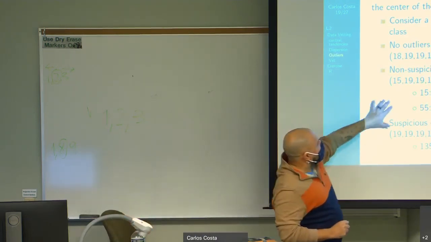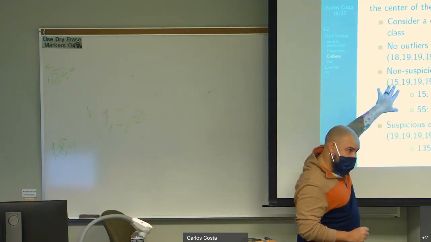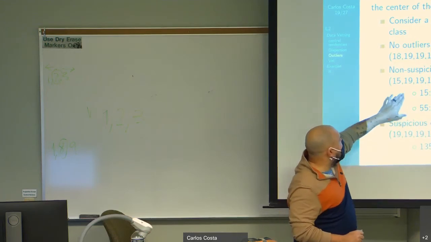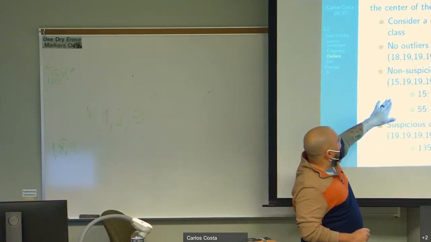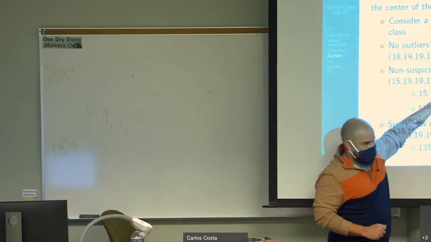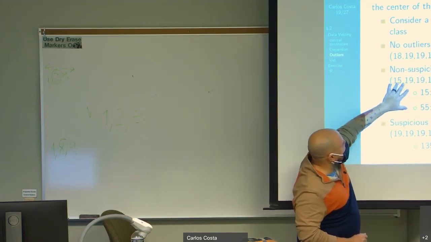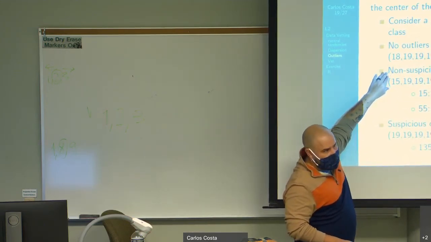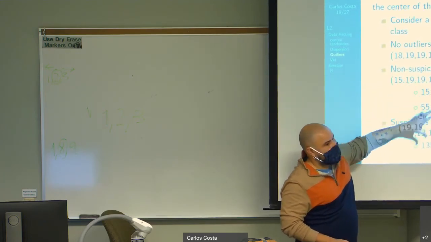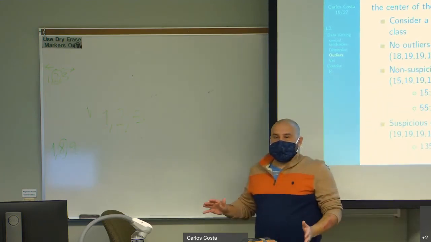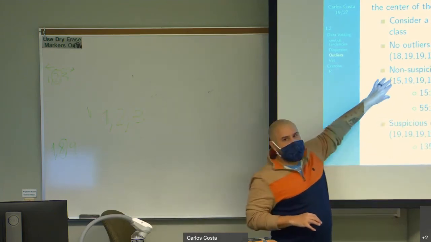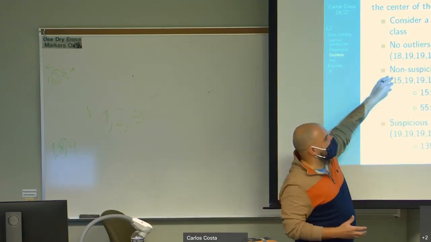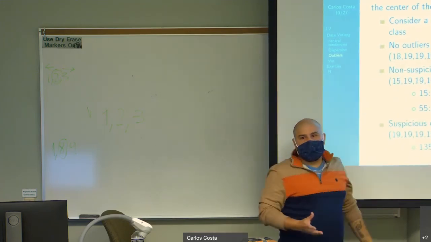So that's not your average student, but it's nothing crazy. And this kid usually behaves like these or better. So even though this is a different number, it's still a good number. It is far away, but it's not suspicious enough that I need to toss it out. There is still quality here. I can still use this observation in my study because it's still representative of what I'm trying to understand.